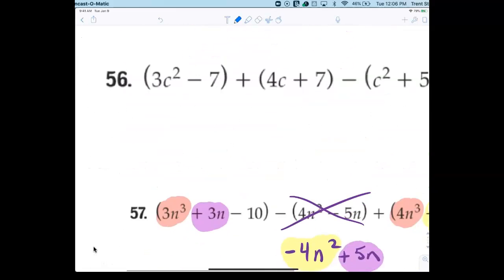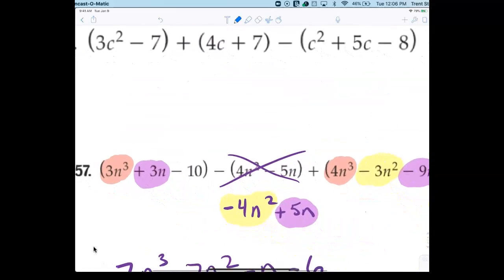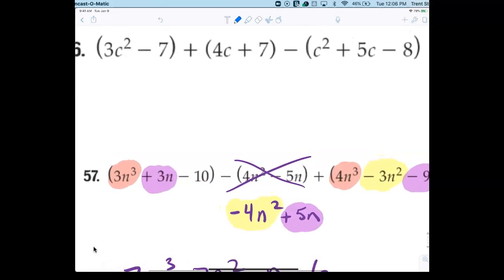All right, here we go. Let's check out 56. All right, so first step in 56. Drew, so on the last one, we would change it so it would be negative c squared plus 5 and then plus 8. Okay. And so we start with 2c to the second.